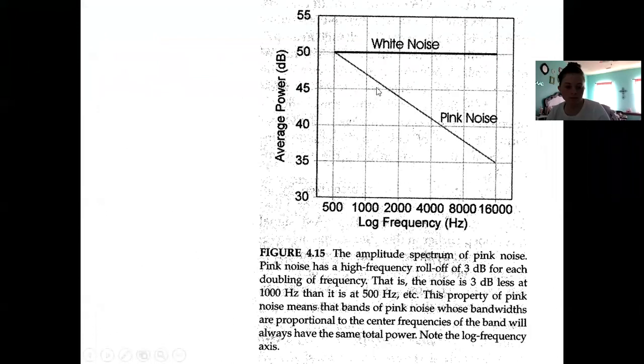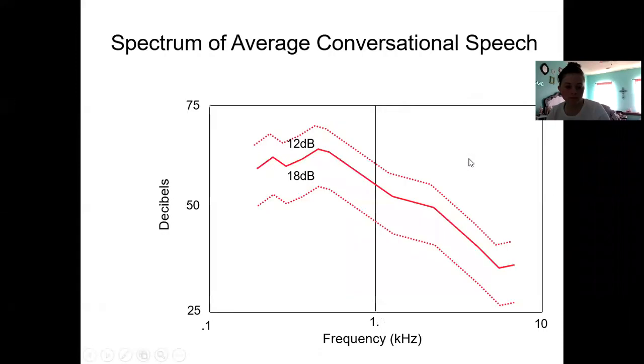If the spectrum goes down like this, it's called pink noise, because red and pink in terms of colors is the lowest frequency. So pink noise means that it's got more energy in the lows than it does in the highs. And a spectrum of speech is a lot like pink noise.